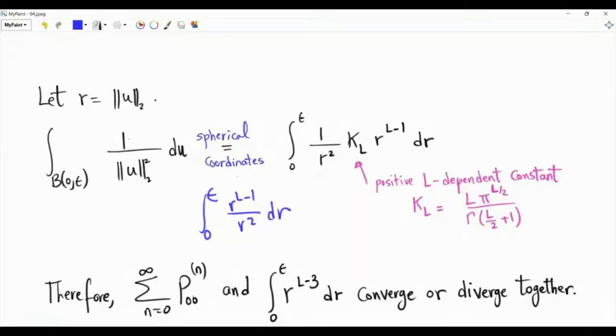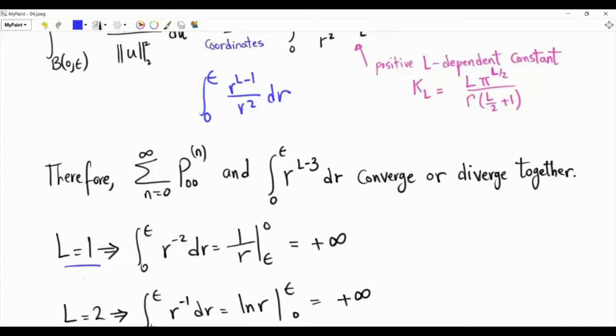If L is equal to 1, if we have this simple random walk in one dimension, which means that we just move one step to the right or one step to the left, in this case the numerator is 1, and we are integrating 1 over r squared. The integral of 1 over r squared is minus 1 over r. So it is 1 over r, and then we use the lower bound 0.